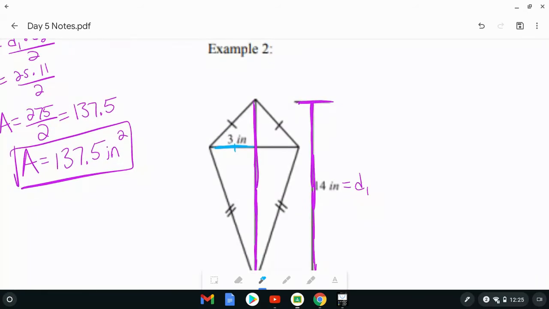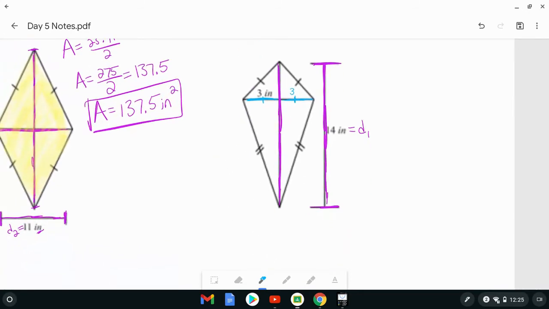Because it's halfway across the kite, we know from earlier in the year that the kite has the diagonals bisected. So if that's 3, then this one also has to be 3, meaning we can put in our own measuring stick for the full diagonal length of 6 inches, because the 2 parts added together give us the whole. Now we know diagonal number 2.